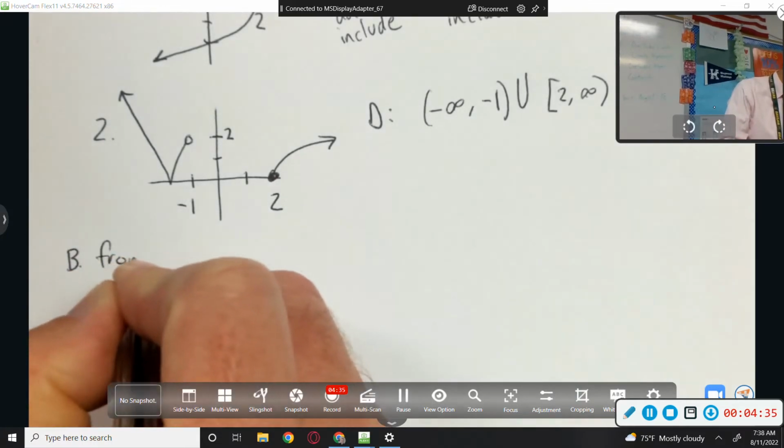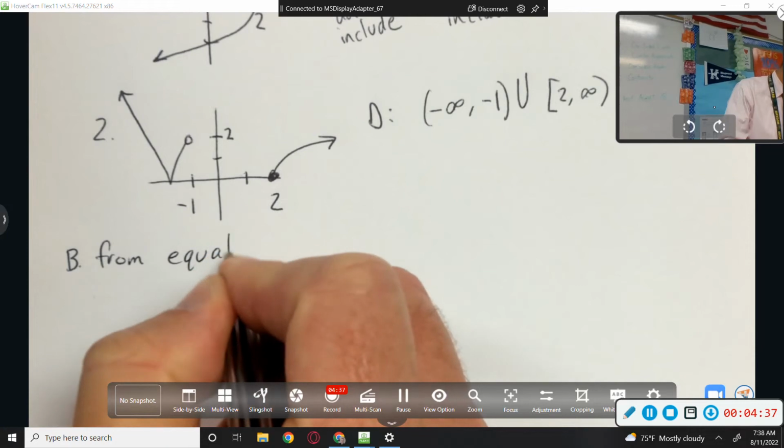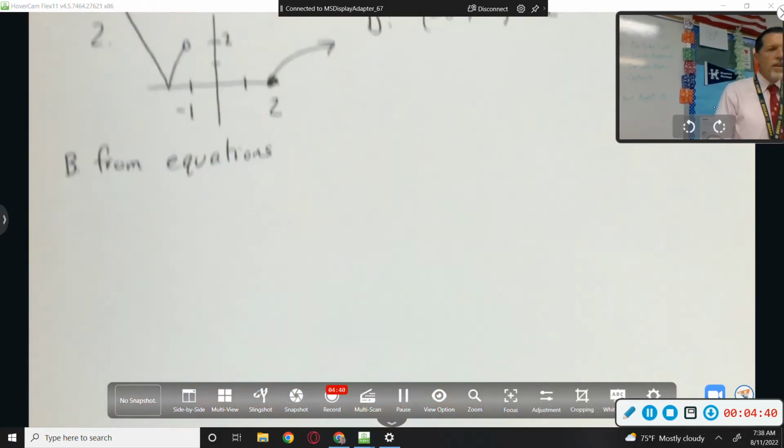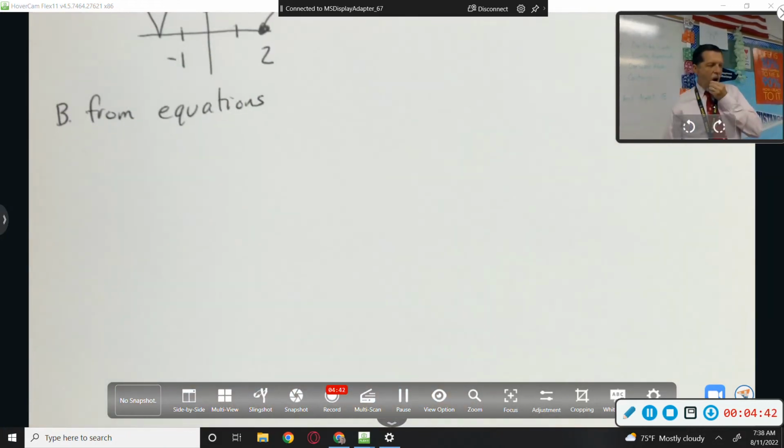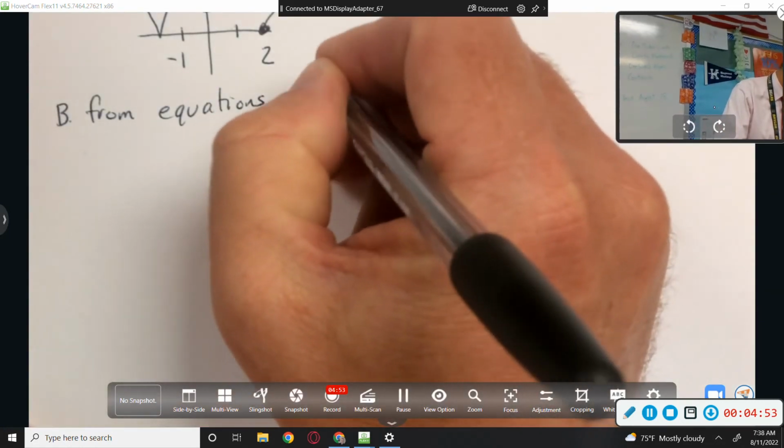Right, what's a little bit harder is from equations. So with equations, it's not so much about what x values you see as what x values are allowed, because some things don't work. So it's more about the allowed x values.